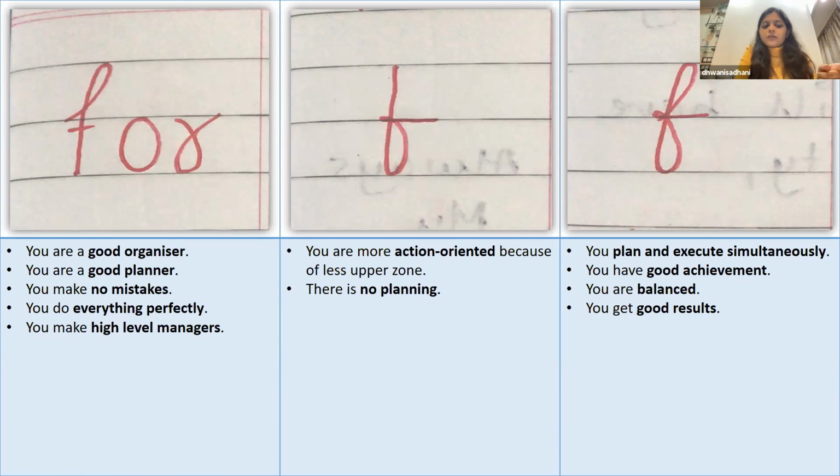They would also make good high level managers, because you all know managers don't have to do any labor, they don't have to do much work, they just have to coordinate between other people and give in ideas. So these people will be good at that.